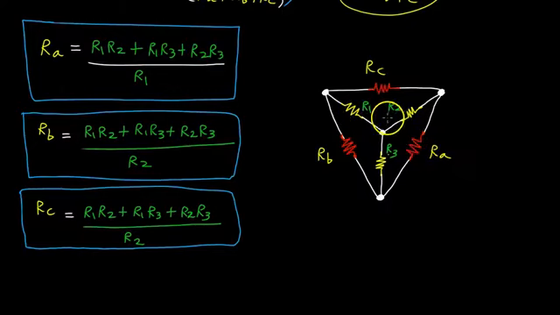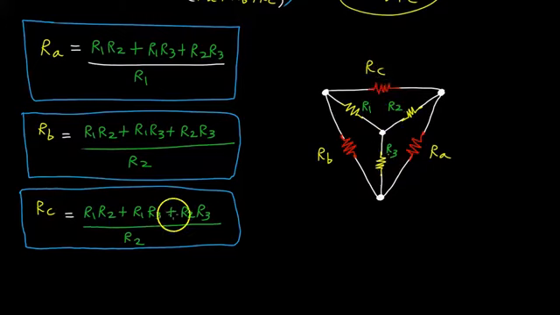Now go ahead and stop the video and just try to practice this for determining RC and RB, and once you get comfortable with it, you can move forward. So I'm assuming that you've tried it, and you would see that if I want to find RC, I would take all the possible sum of products again for each pair of resistors, and I would divide that by R3, for that's for RC.